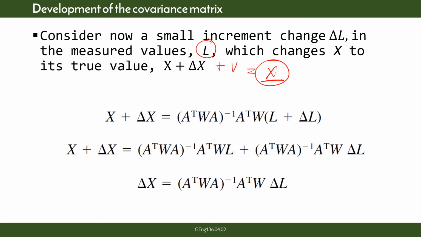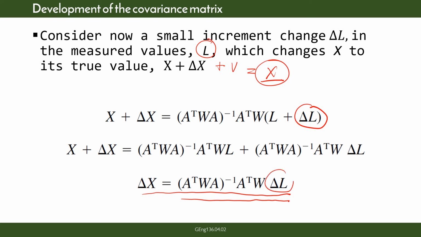So following the equation, we arrive at this value. So delta L serves as the errors in the observations. And the equation can be rewritten as delta X, this one, okay?